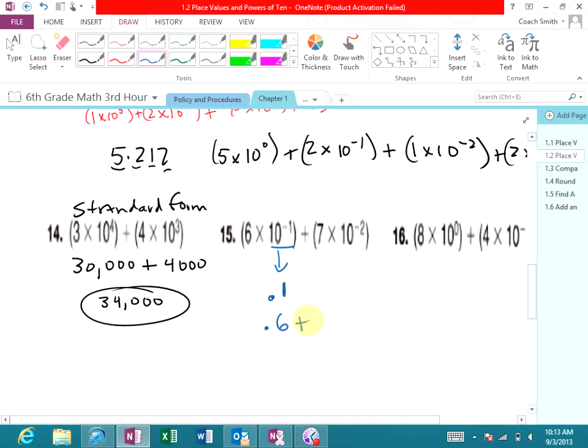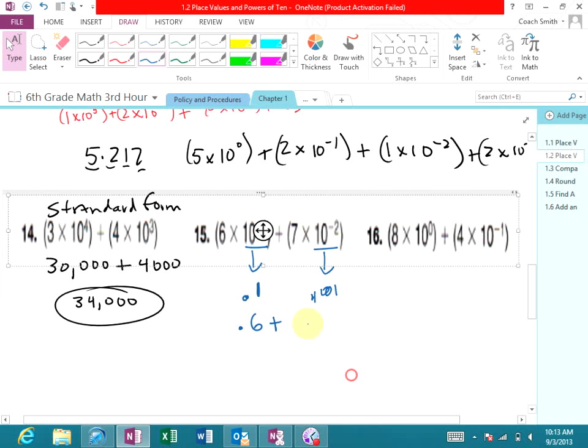Plus, this next one, 7 times 10 to the negative second. Well, 10 to the negative second is 0.01. So that means this then would be 0.07. Thus making it 0.67.